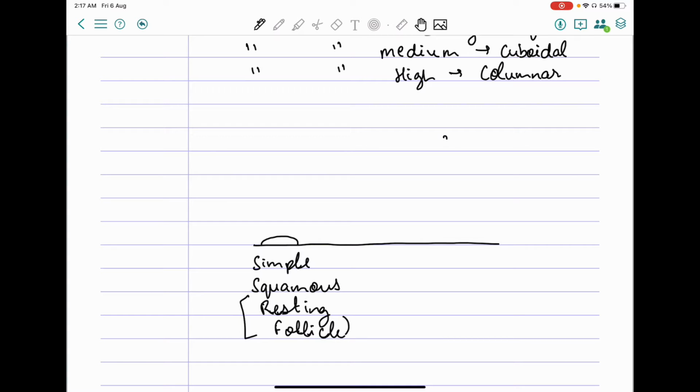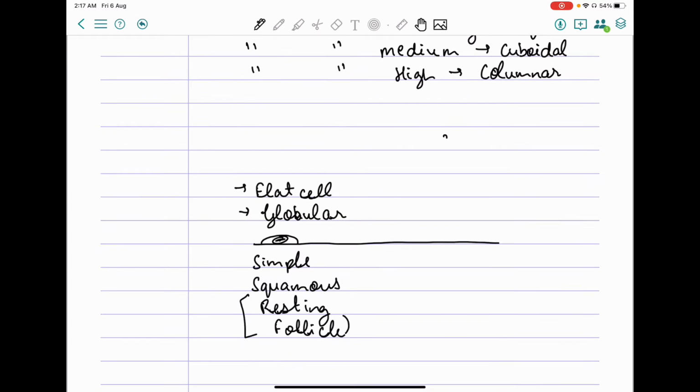And what about its nucleus? The cell is flat. Is the nucleus always flat? No. Sometimes it is globular also.